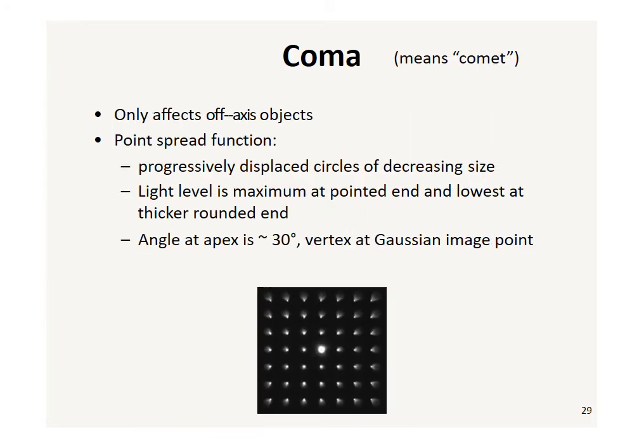So as we mentioned, the coma only affects the off-axis objects, and if you have a point object, then the point image depends on its position. So you can see that in this diagram down here, as we move further and further away from the optical axis, the object is imaged more and more like a comet. The apex angle, as I mentioned, well, the half angle is 30 degrees.